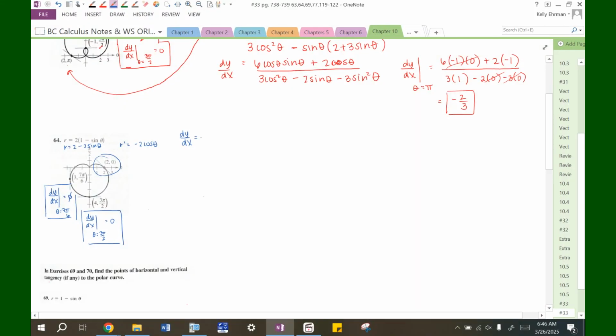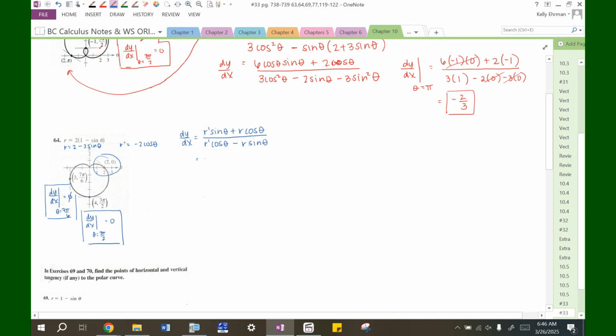So dy/dx is r prime sine theta plus r cosine theta. In my brain, to remember this, I think of it as like tangent, sine over cosine. I just have it in that order. And then down here, it's just like the opposite of everything. So this is cosine, this is a minus, this is minus r sine theta.